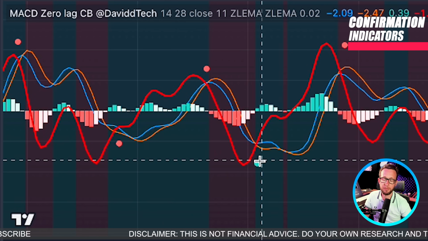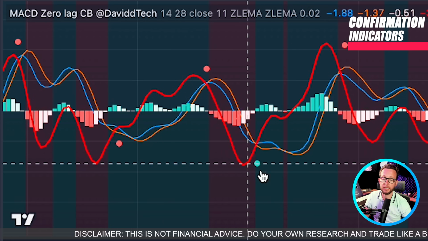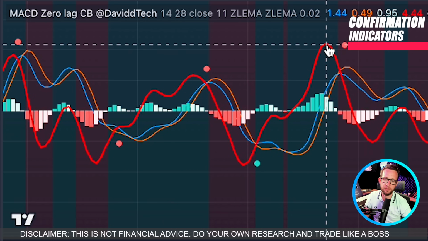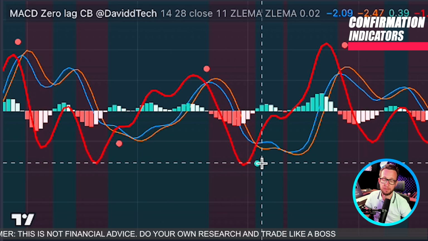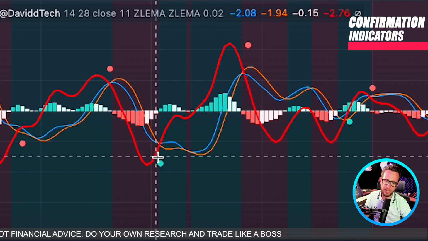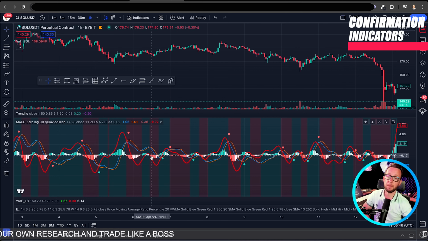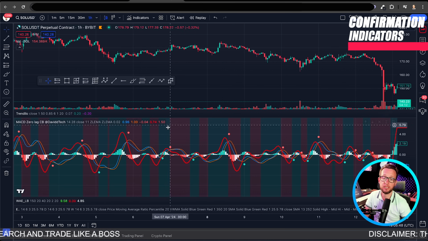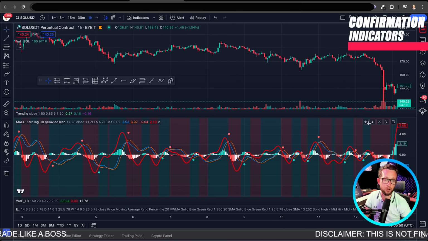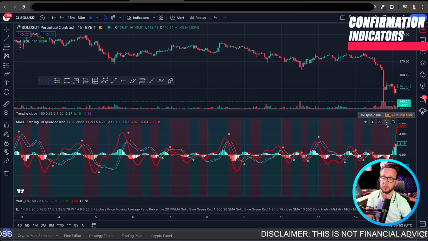It uses pretty much all of the same algorithm as the MACD, but the red line uses the ALMA as a MACD. As you can see, as we cross over here, it prints a green dot or a red dot for a short. Now this mixed in with a couple of the other baseline indicators I have been using for a while now and has been extremely profitable to me, so certainly is worth adding to your charts.